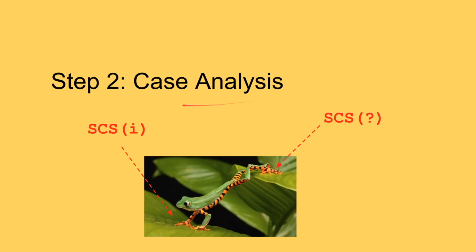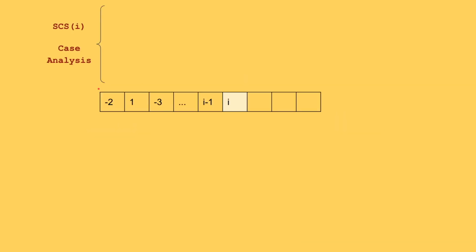Next step is case analysis. How do we jump from values less than I to value I? Now let's perform our case analysis. If you look at location I, input I is either the start of a new subarray by itself or is part of the previous subarray. These are the two cases that we are going to analyze.